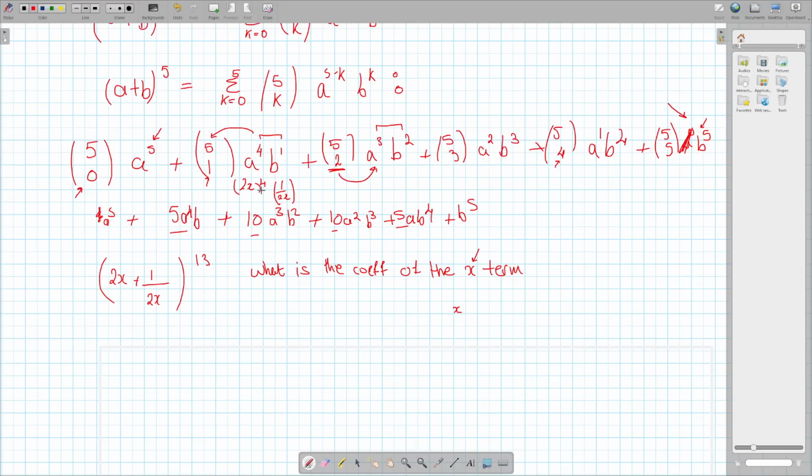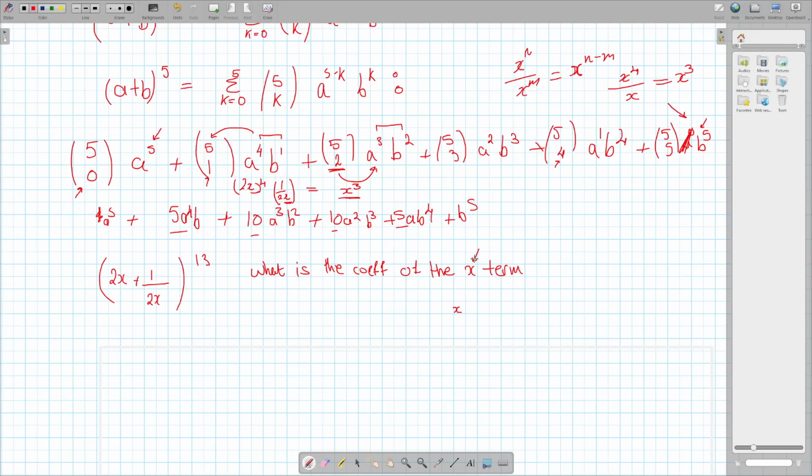If you realize x to the power of 4 divided by x, you know that x to the n over x to the m from grade 8 is equal to x to the power of n minus m, right? So x to the power of 4 divided by x is equal to x cubed, right? So here, x to the power of 4 divided by this x gets me x cubed in my answer. I don't care about the 2 to the power of 4. What I'm talking about here is the x part.